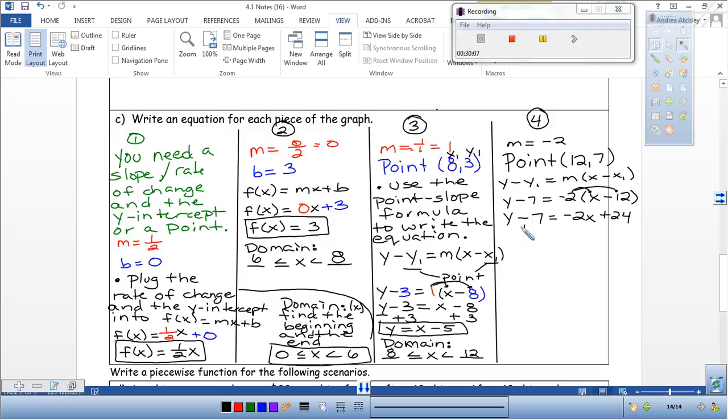Okay, we're going to add 7 to both sides. And we're going to get y equals negative 2x plus 31. Any questions over that? Carry on to the domain. Okay, we're going to start and stop somewhere.